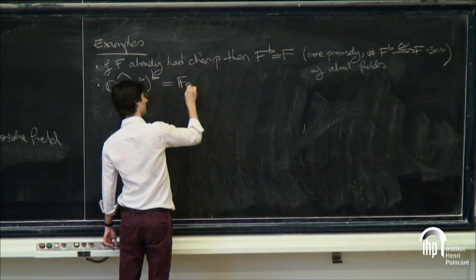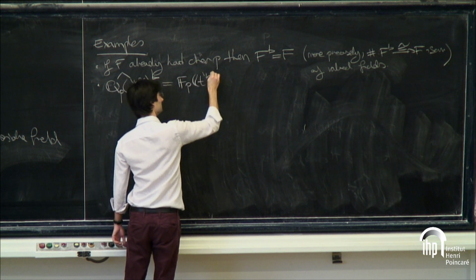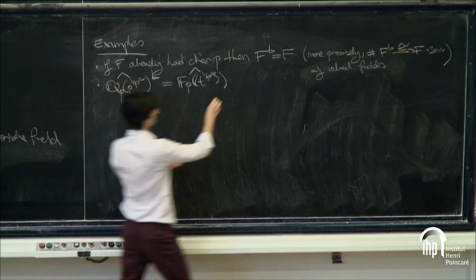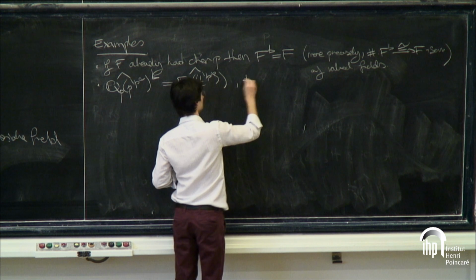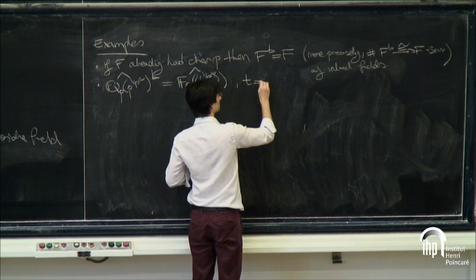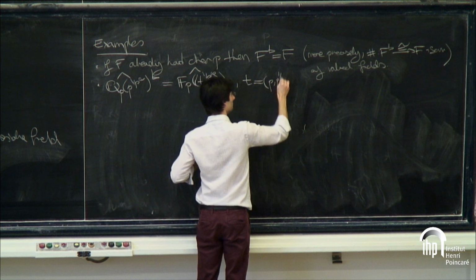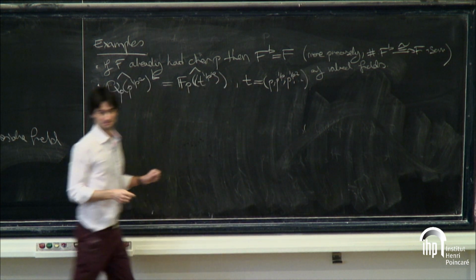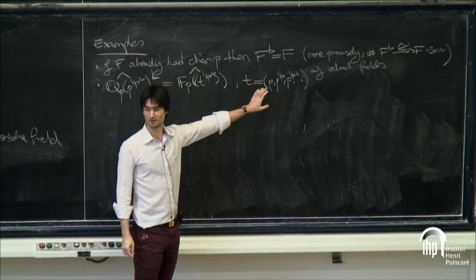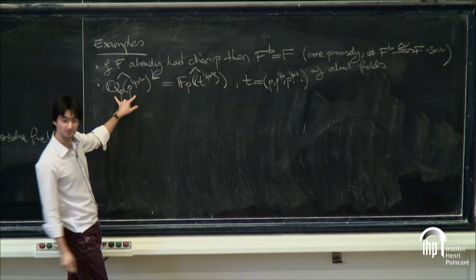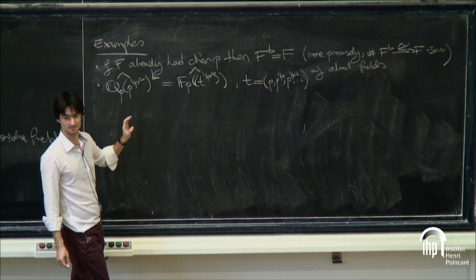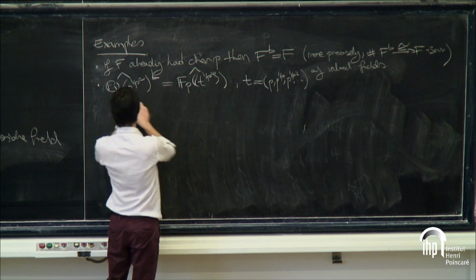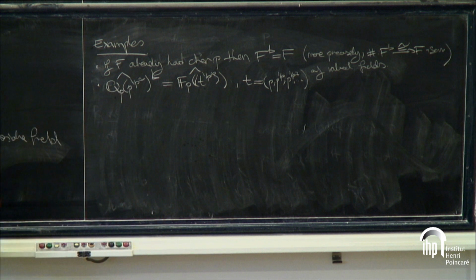And that will give me Fp((t^(1/p^infinity))), and I follow your notation and I complete it, in which the element t here corresponds to the sequence p, p^(1/p), p^(1/p^2), and so on. So that's a compatible sequence of p power roots. It defines an element of this field. And more precisely, I'm asserting that there exists a unique isomorphism of valued fields between this and this, which will send t to that sequence inside the tilt.